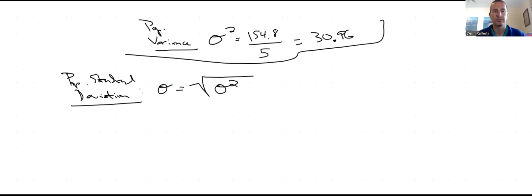The square root and the squared cancel each other out, and we would just be left with sigma equals sigma.